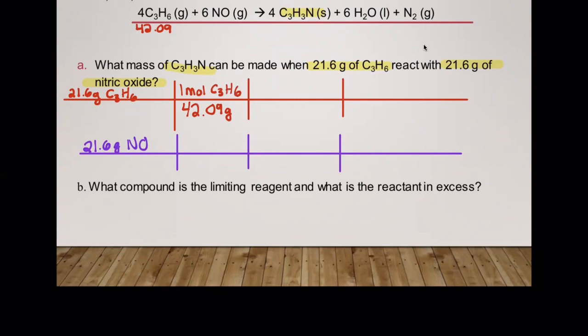And because we are converting from moles of C3H6 to moles of C3H3N, we are going to use our mole-to-mole ratio. Unlike our last problem, we have coefficients here. So based on the equation, for every 4 moles of C3H6, we will produce 4 moles of C3H3N.